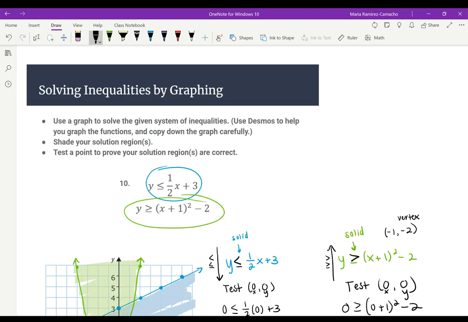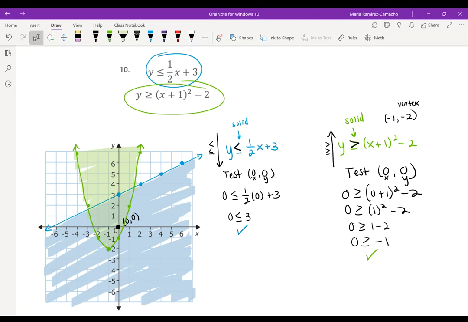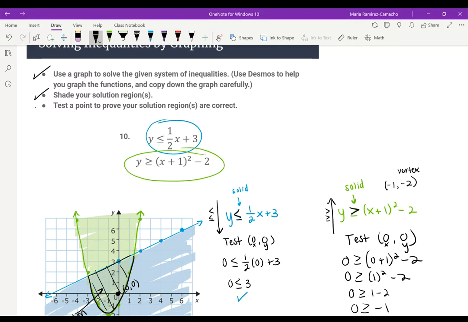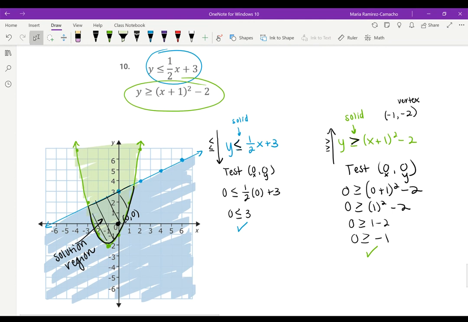Anyway, what we've done is we've graphed, we've shaded our solution region. It's this overlap right here. Okay, this is the solution region. And then the last thing that we need to do is to test a point to prove that the solution region is correct.